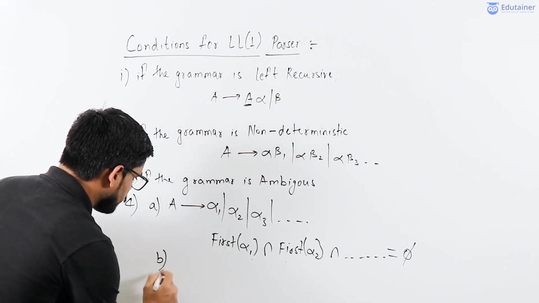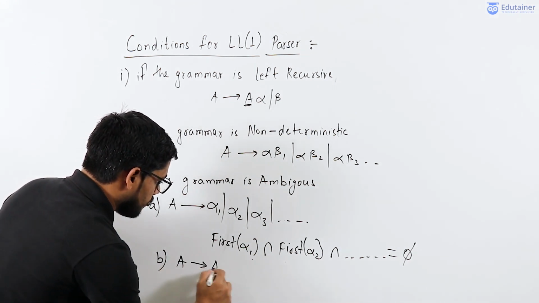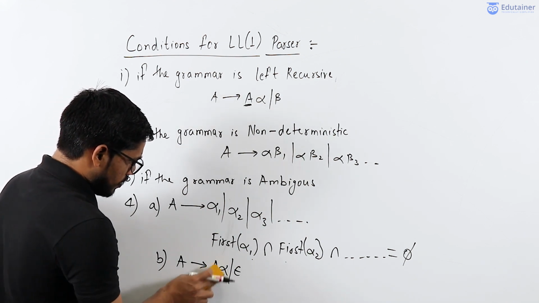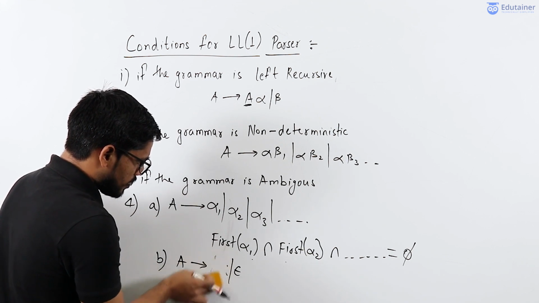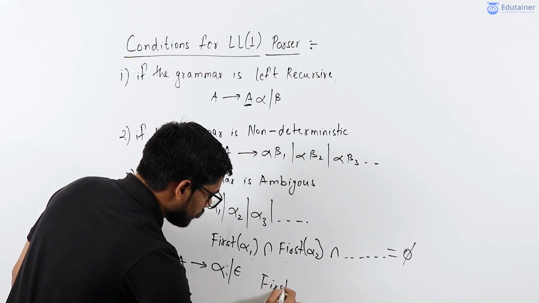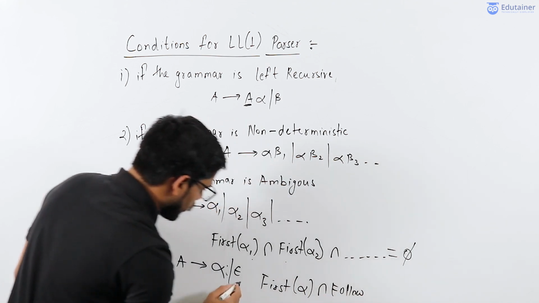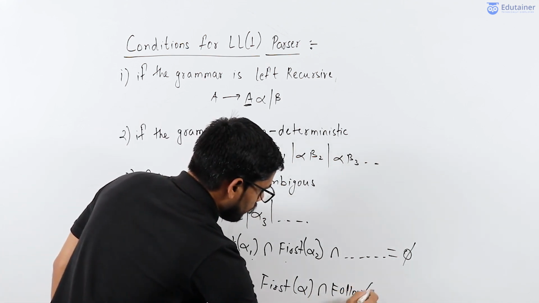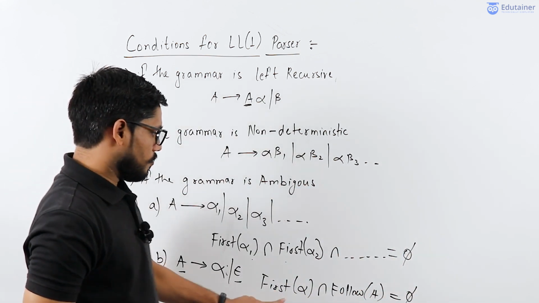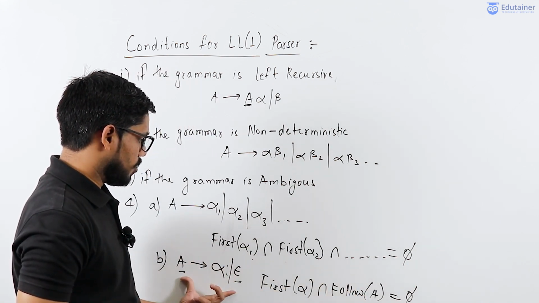The second part is if the grammar is like A derives alpha or epsilon, then first of alpha and follow of A, since here I have epsilon, the follow of A intersection must also be phi. If the first of alpha and follow of A intersection exists, then this grammar is also not eligible for LL1 parsing.